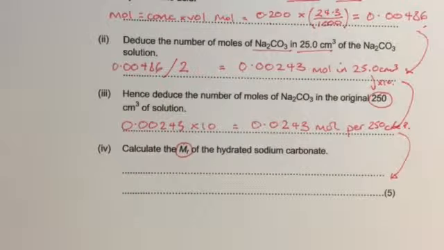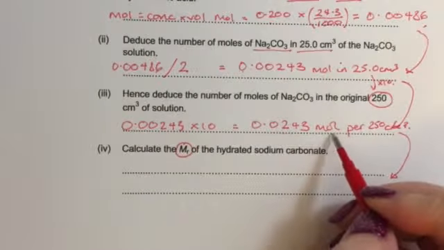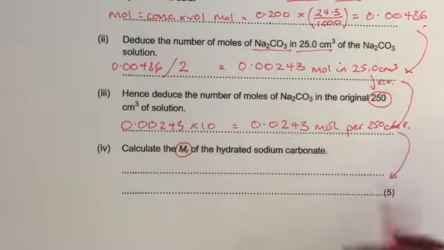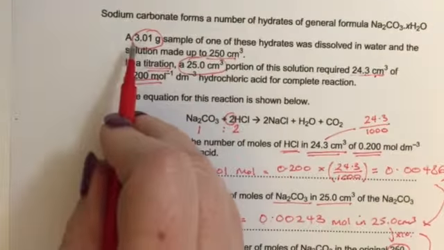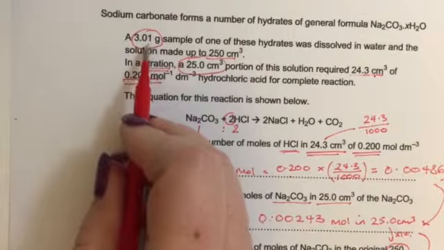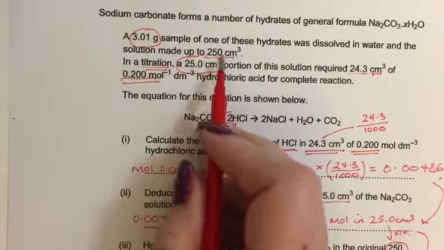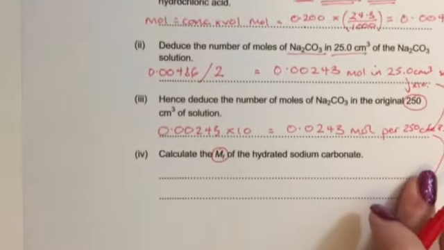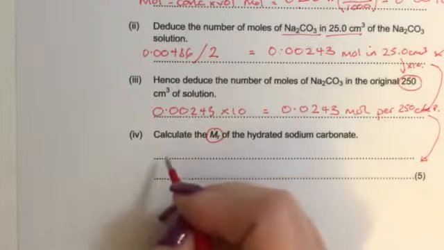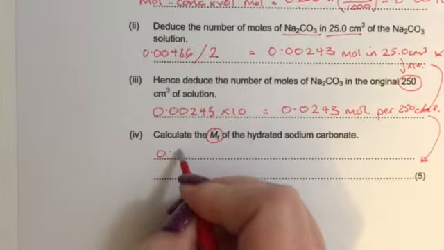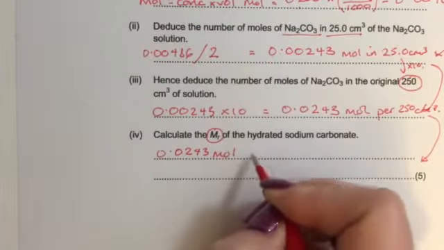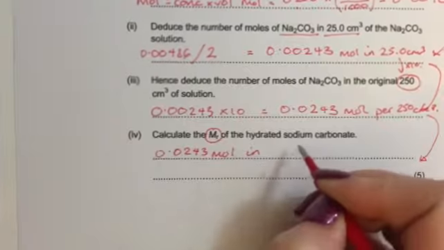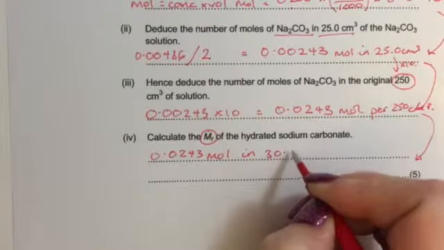Well, you have got a value for moles, and if we look back at the top of the question, it did tell you that 3.01 grams of the sample was used to make that 250 cm cubed. So we know that 0.0243 moles are in 3.01 grams.